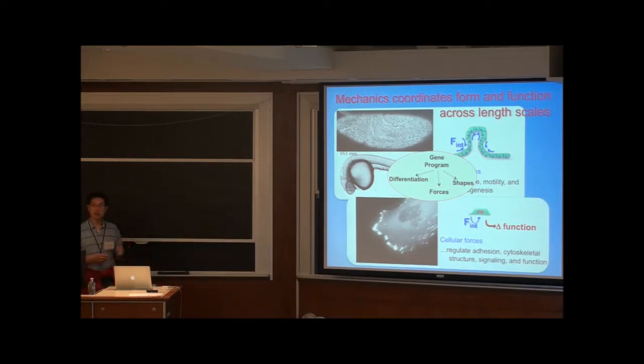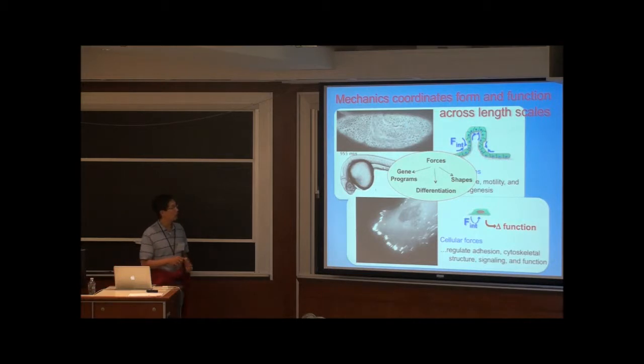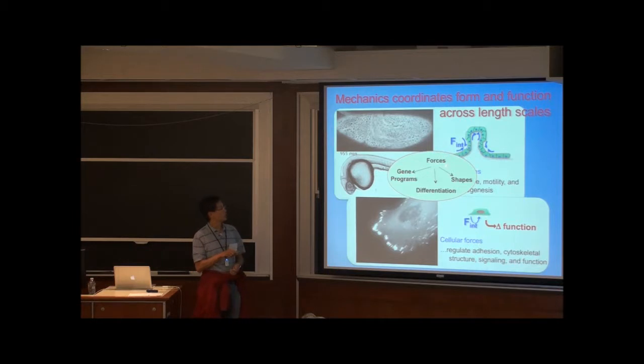We're not sure if this is right. In fact, I'm pretty sure it's not entirely right. The reason we think that is that there's also another set of relationships that put forces at the top of this triangle. We know that forces can feed back to regulate genetic programs.